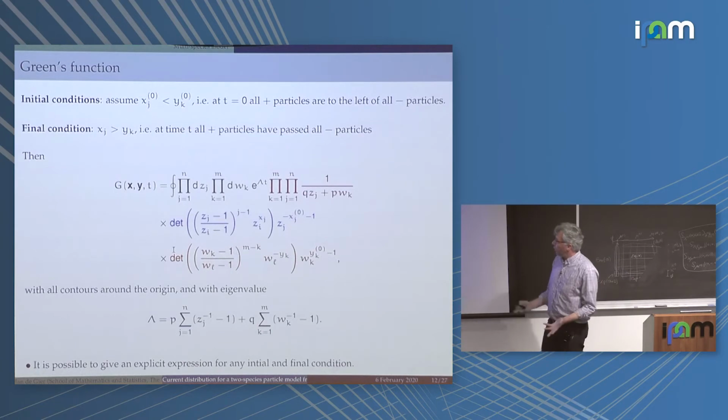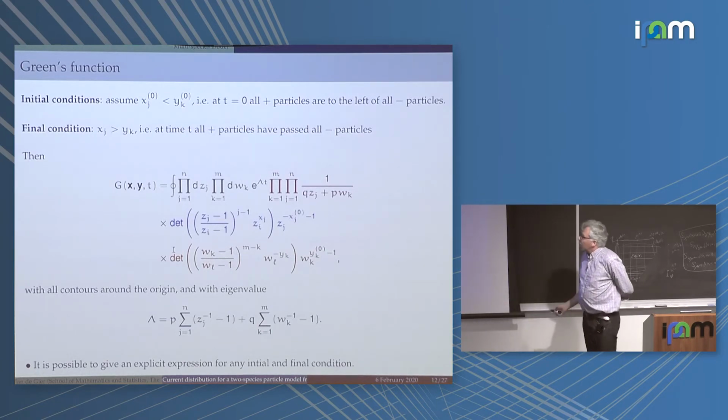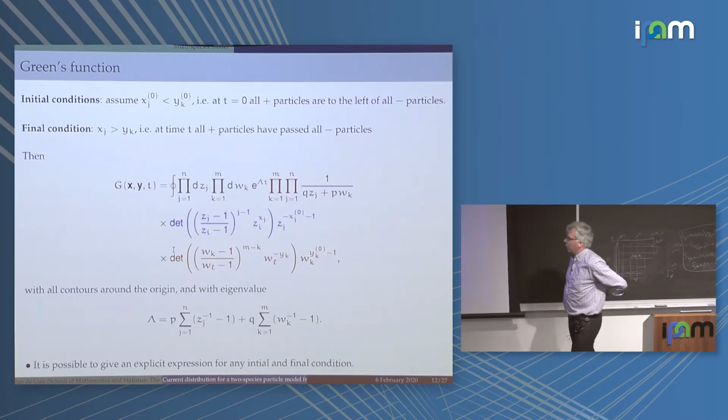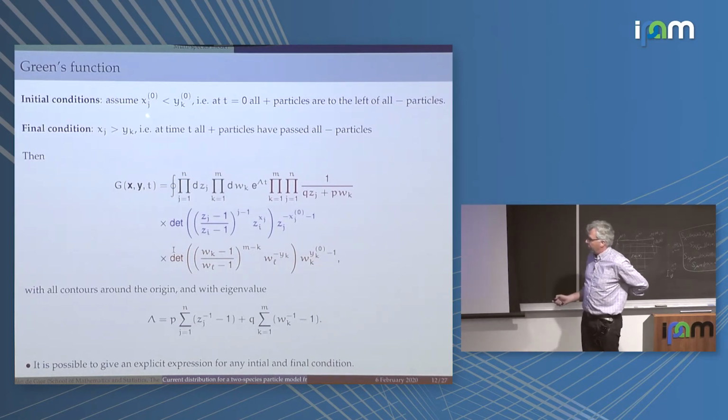So what do you end up with? Here is a very explicit formula for the Green's function that I'd like to explain. It's valid for the following case. We first take as initial conditions that all the plus particles are to the left of all the minus particles, right? So they are fully separated.